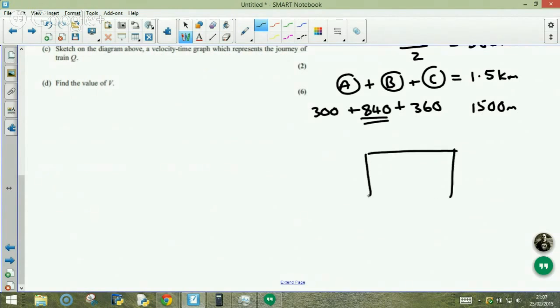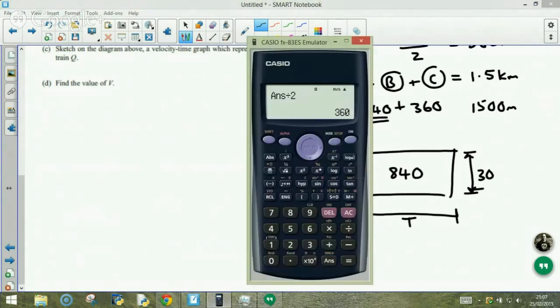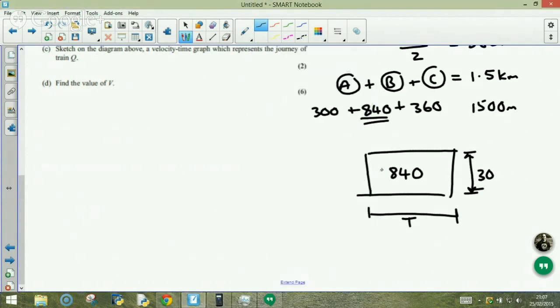And that section there where we've got T, that's 30, and our area is 840. So 840 divided by 30, 28. So T equals 28 seconds.